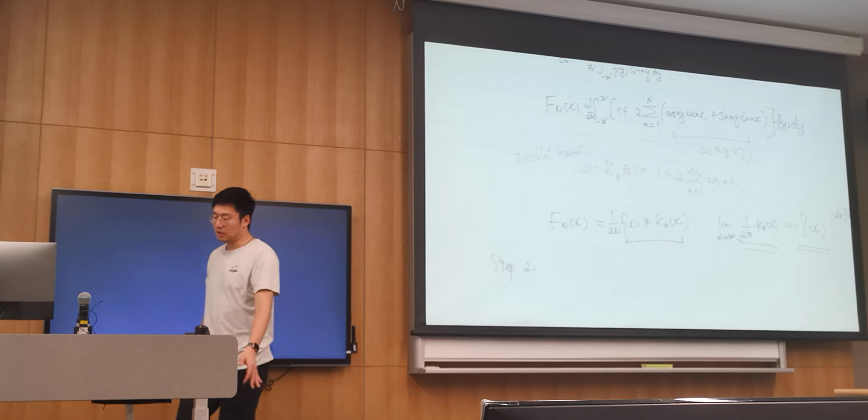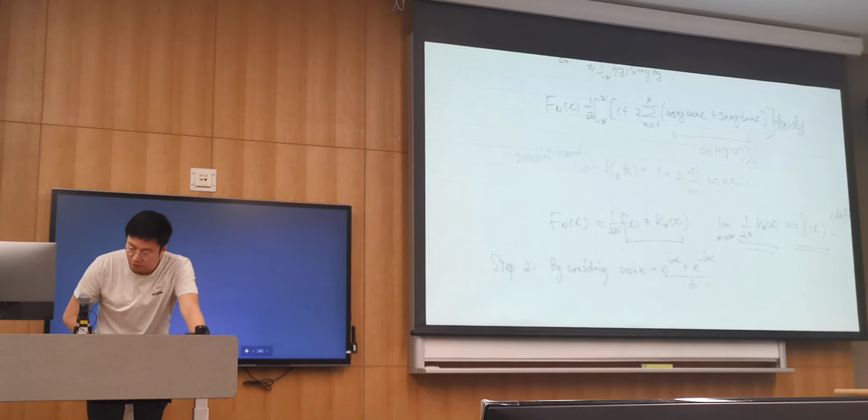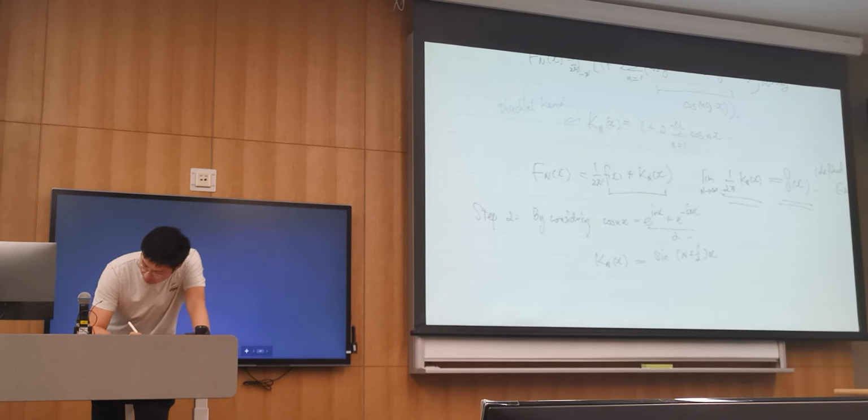By considering that cosine nx is essentially e to the i nx plus e to the negative i nx, divided by 2, we can finally find that K_N(x) can be exactly represented as sine of (N plus 1/2)x over sine of x over 2.